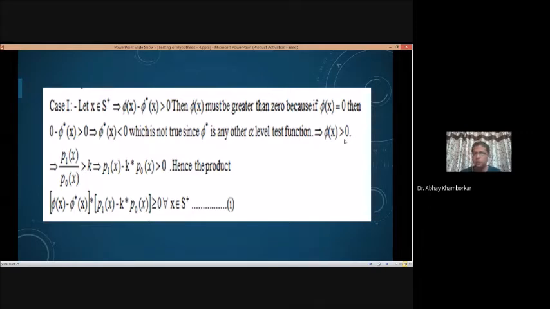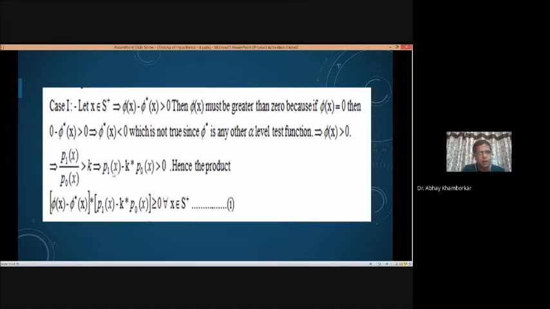यानी दो कंडीशन पॉसिबल है. वो कौन सी पॉसिबल है? p1x अपॉन p0x इक्वल टू 0 एंड p1x अपॉन p0x ग्रेटर देन k, राइट? सो on the basis of that I can say that this implies that p1x upon p0x greater than equal to k. यहाँ पे equal to चाहिए, okay?